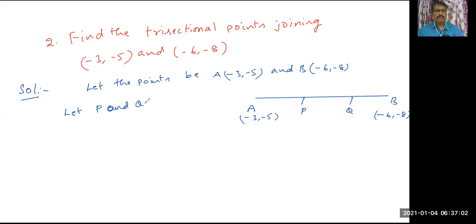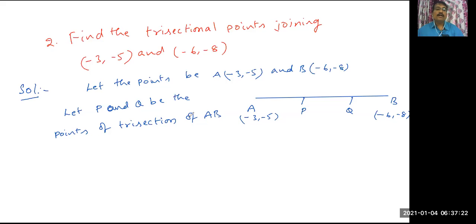Same as usual, we can write what we wrote earlier. Let P and Q be the points of trisection of AB.